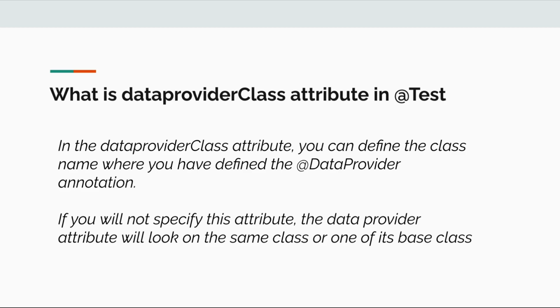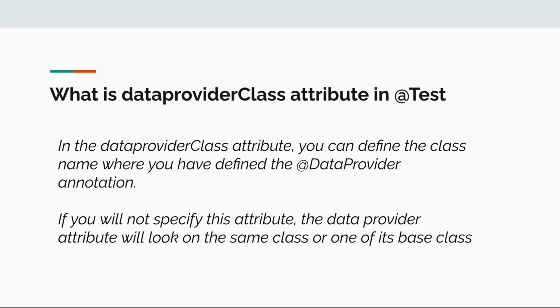Suppose you have defined the data provider in another class and you would like to use it in some other class where the test method is. You can use this attribute to define the class name where the data provider is defined. If you do not specify the dataProviderClass attribute, the dataProvider attribute will look in the same class or one of its base classes.